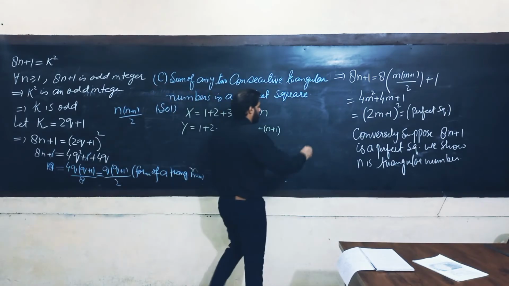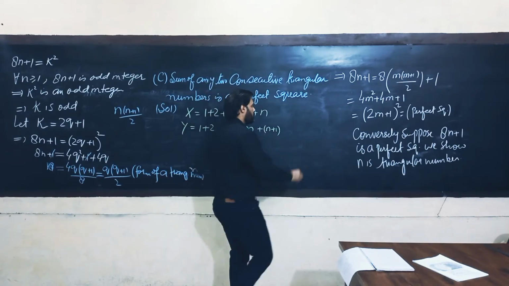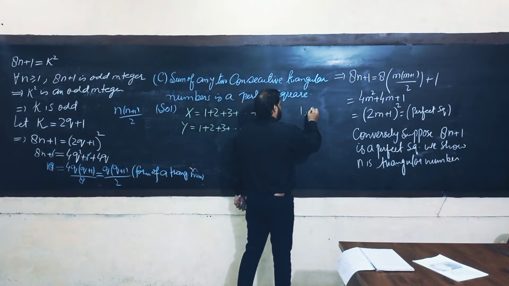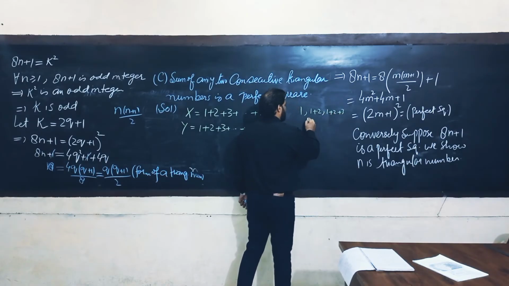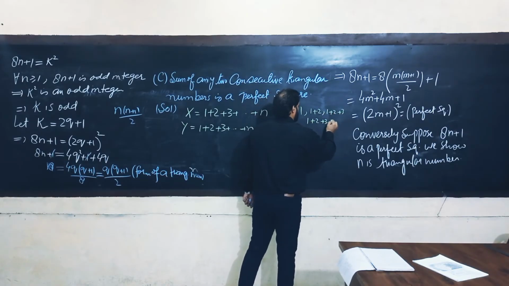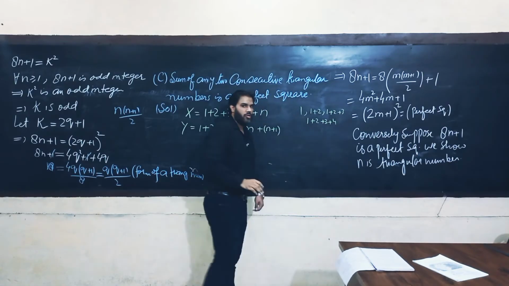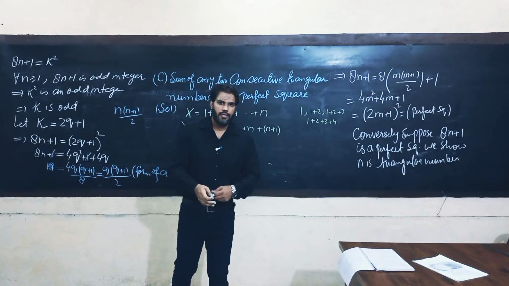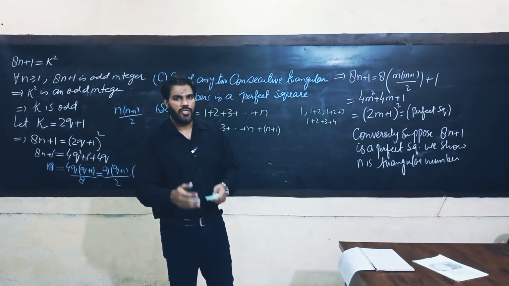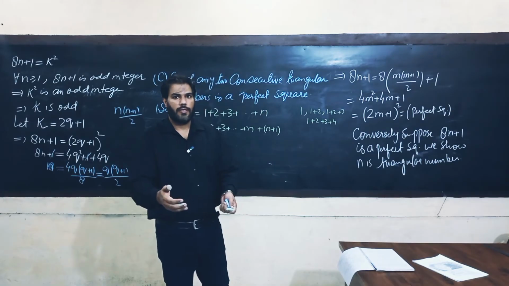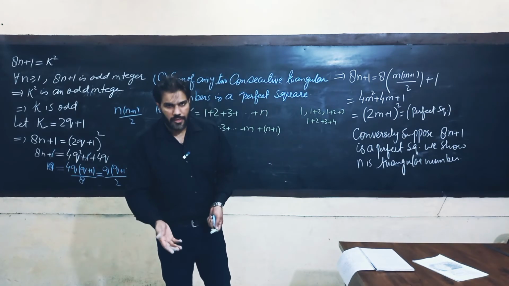I again repeat, when you see the sequence of triangular numbers, the first triangular number is 1, the second one is 1 plus 2, the third one is 1 plus 2 plus 3, the fourth is 1 plus 2 plus 3 plus 4, the fifth one is 1 plus 2 plus 3 plus 4 plus 5. So every next triangular number is the sum of the previous plus the value of n.